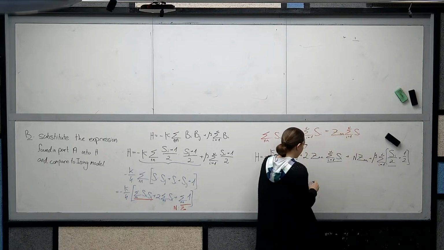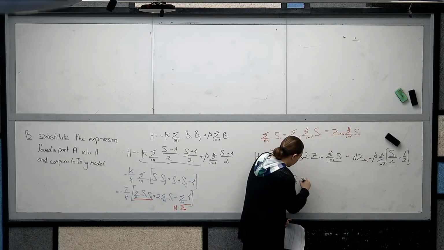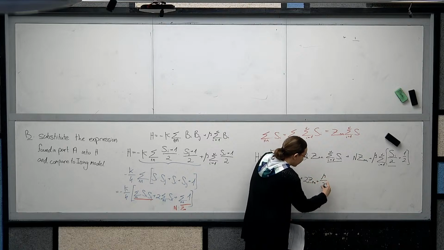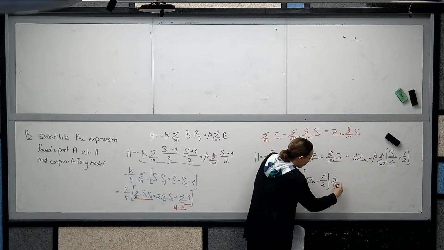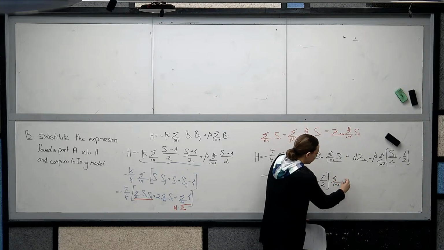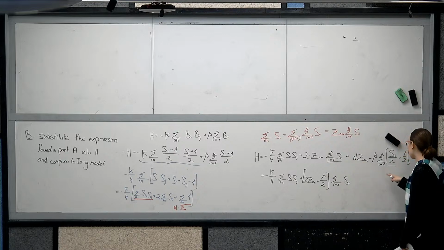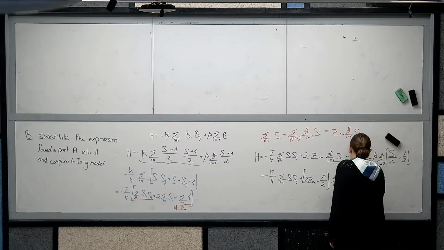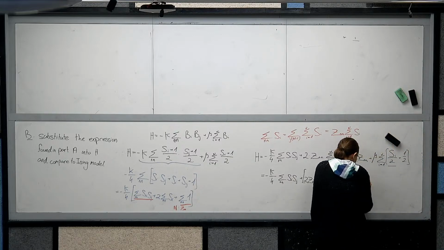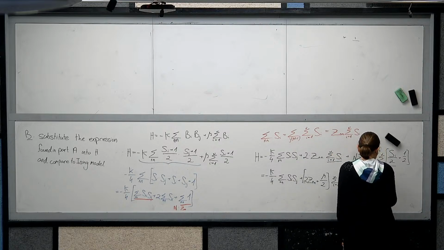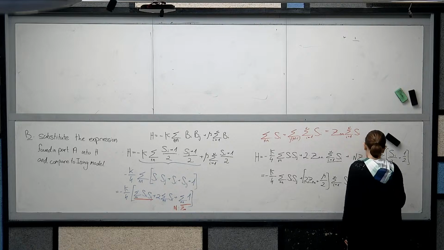So we have 2z and n plus mu divided by 2, and sum from i equals 1 to n on Si. And then we have the constants. So we have plus nz and n plus mu n divided by 2.